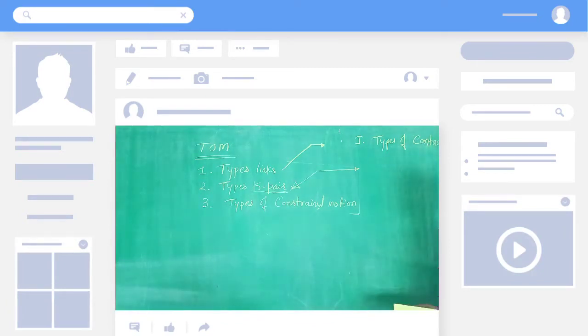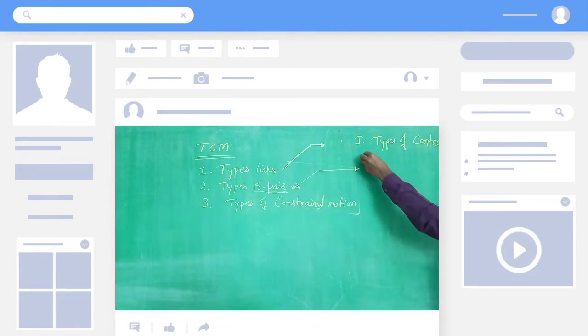As I said, the links can be connected in any form, so based on that it will be divided. The first one is type of contact: how the links are in contact with each other.